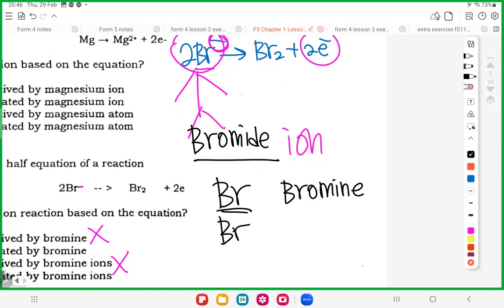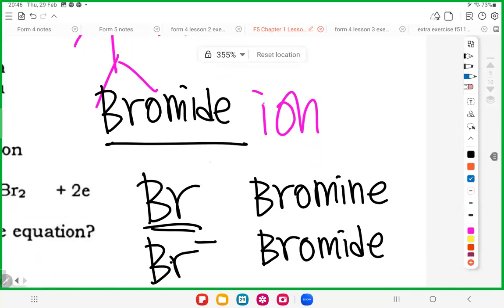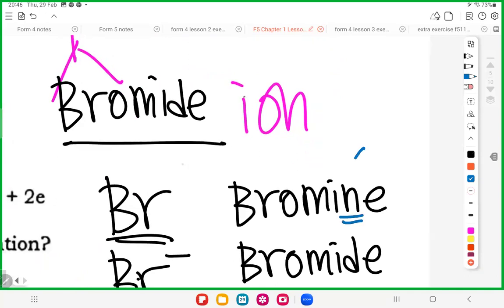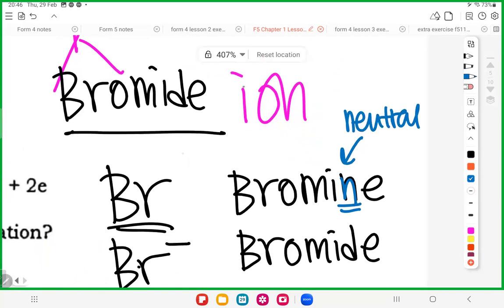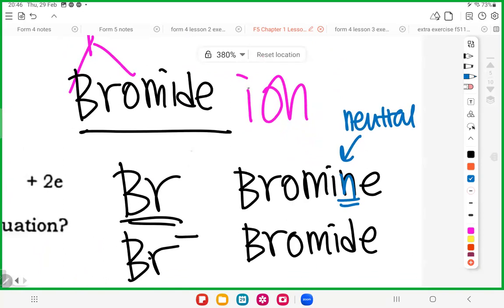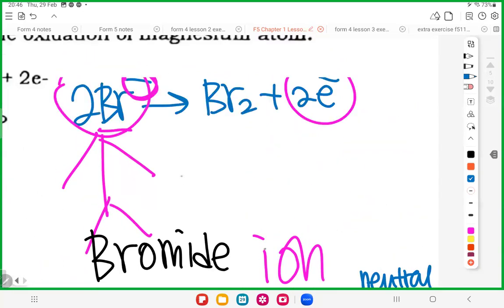When the Br has a charge, it is called bromide. I teach you a simple way to remember. Bromine, N stands for neutral, isn't it? So remember, no charge, bromine. Got charge, bromide.